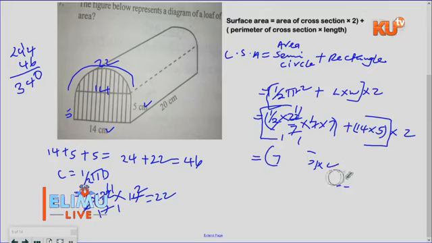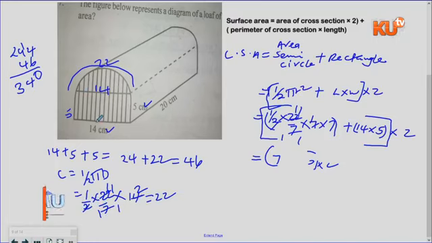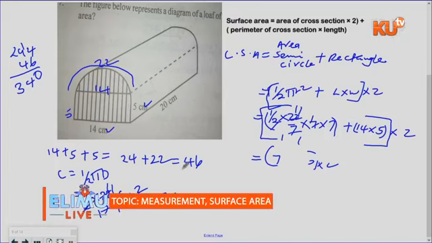Now this 46 is the perimeter of the cross section, which is here. So this 46 we are supposed to multiply by the length. Sorry for that.